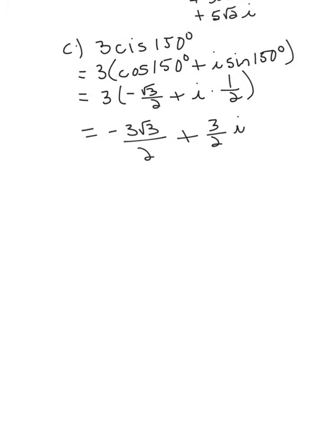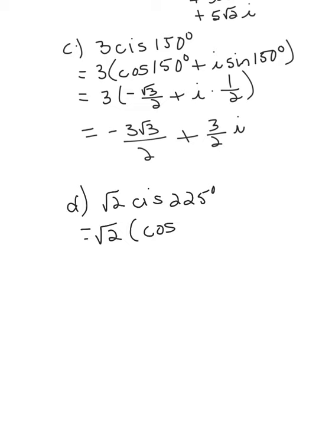So one more of the cis version, just to get you used to it. If we have the square root of 2 cis of 225 degrees. Remember what that is. The square root of 2 stays out front. C is for cosine of the angle.